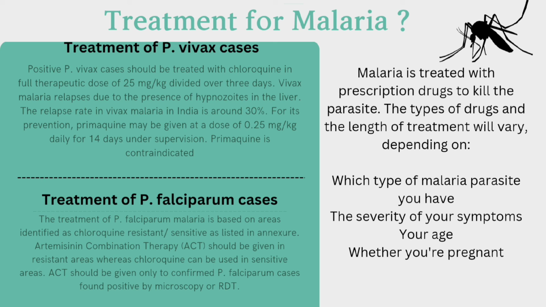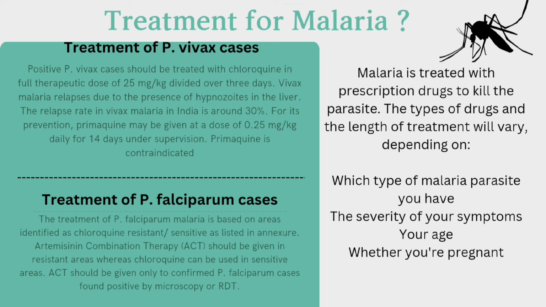Anti-malaria drugs include artemisinin drugs. The best treatment for Plasmodium falciparum malaria, if available, is artemisinin combination therapy. But remember, the treatment of malaria depends on the laboratory, the dose of medications, and your country.